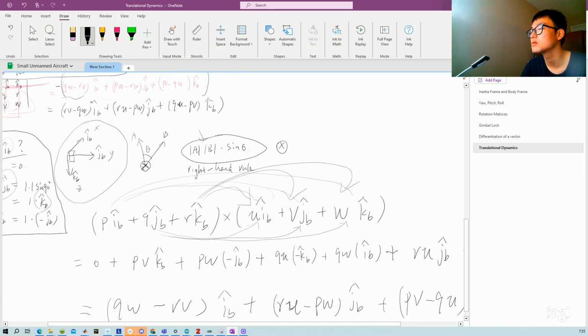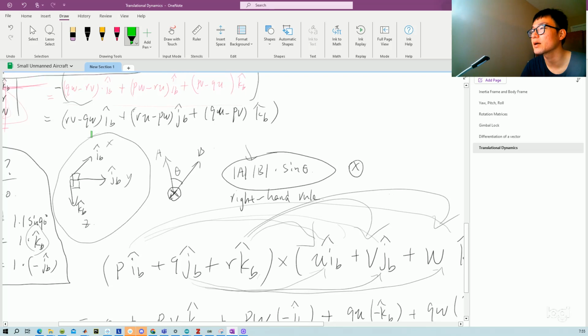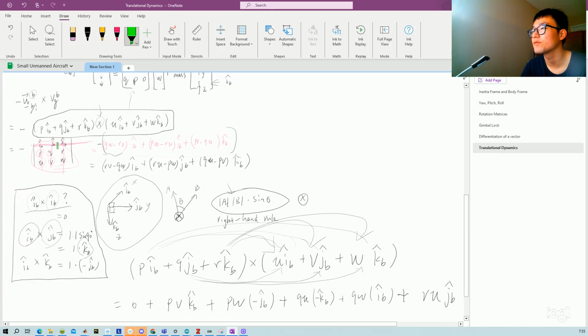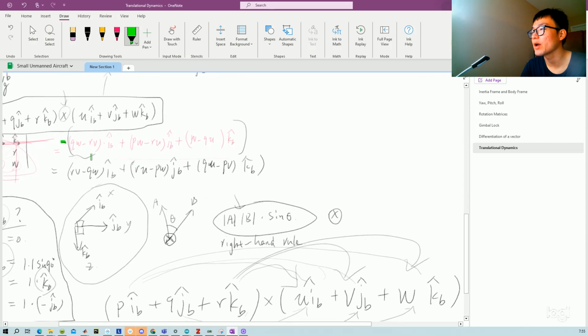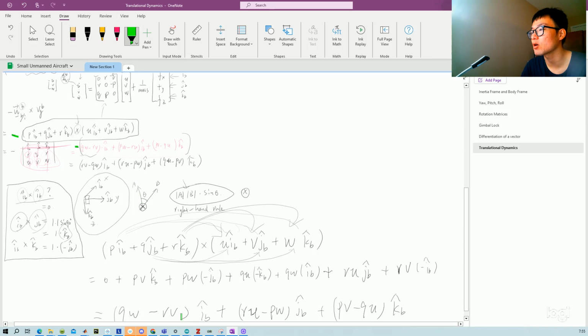So this conclusion is a little bit different than last time. Last time we got Q, this right part, QW minus RV, and then this portion is where I made a mistake. It is actually RU minus PW.